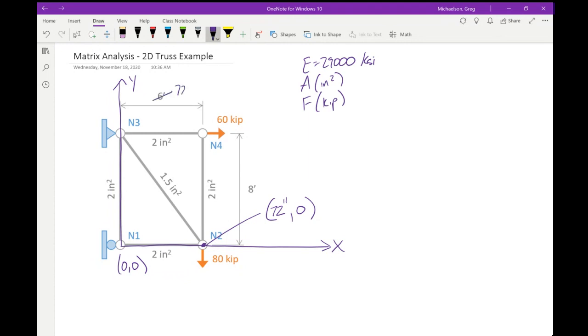So I'm going to turn this to 72 inches, turn that to 96 inches. Just do that right now, okay? Because that's easy to mess up. RISA does this internally, okay? So this point right here is going to be 72 inches, 96 inches. This is going to be 0, 96. Is that okay?